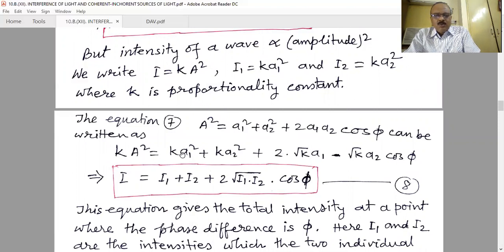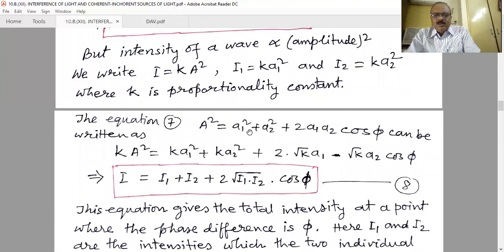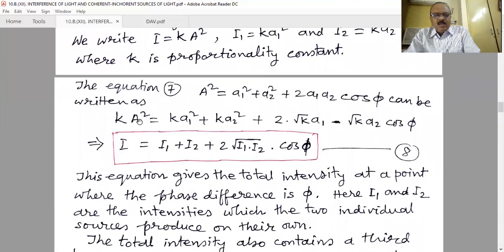We multiply both sides of this equation by k, the proportionality constant, and now we can write I equal to I1 plus I2 plus 2 root over I1 I2 cos phi.